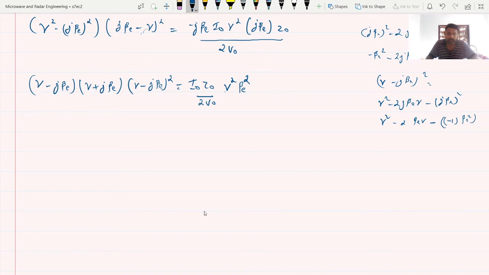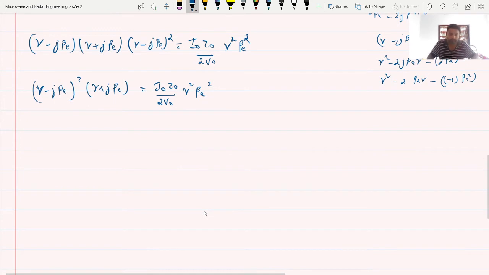So this becomes gamma minus j beta e the whole cube into gamma plus j beta e, okay, will be equal to I naught z naught divided by 2 v naught gamma square beta e square, okay.